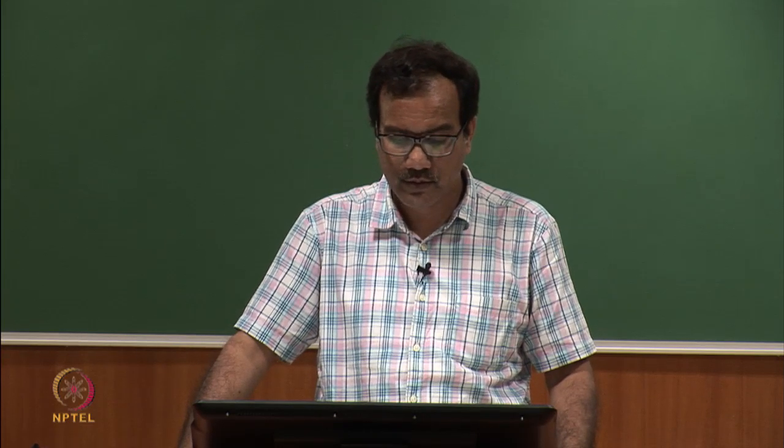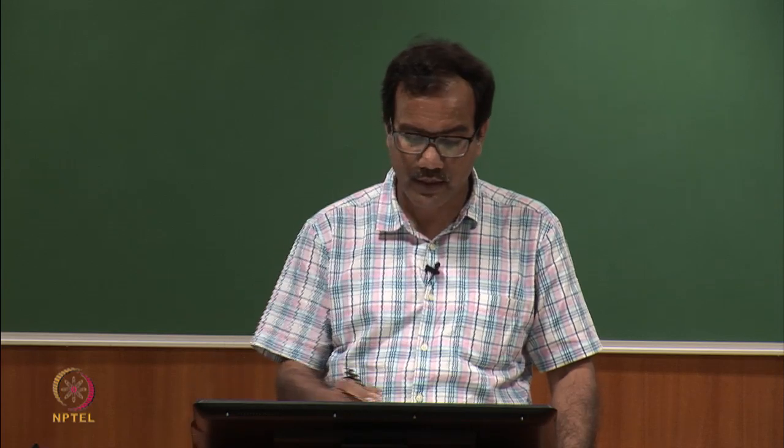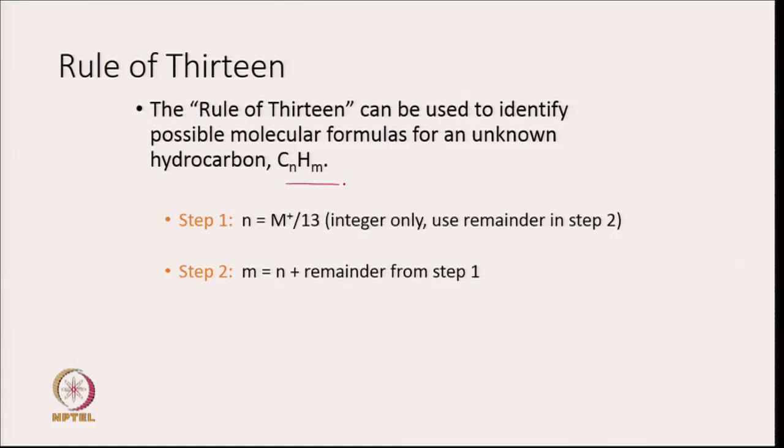For example, if you have CnHm, n corresponds to the subscript of carbon and m is the subscript of hydrogen. It means there are n carbons and m hydrogens in the molecule.